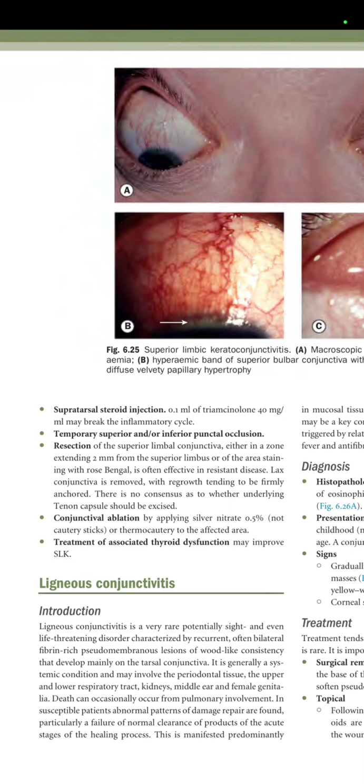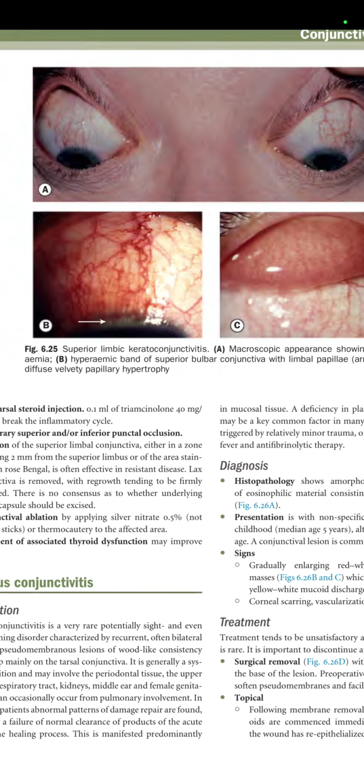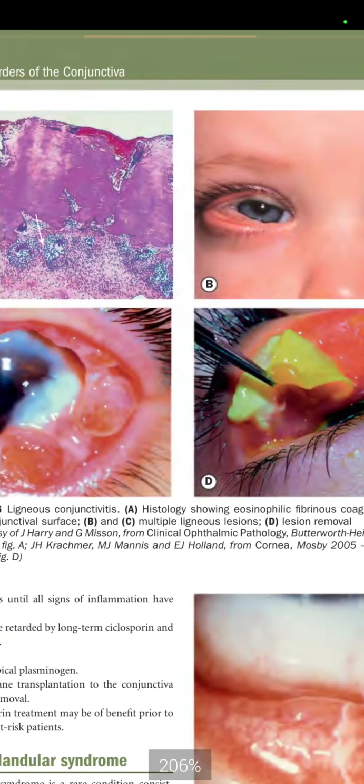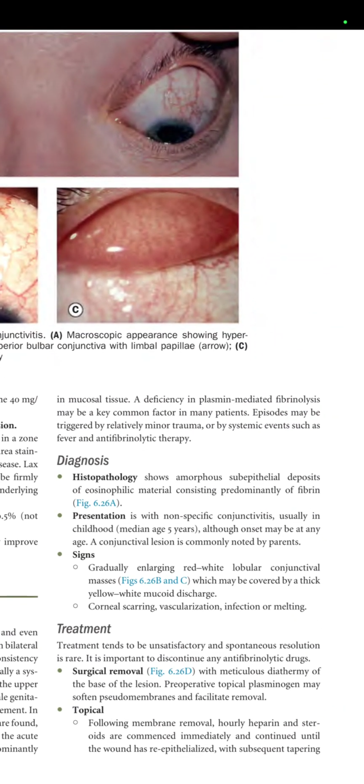In susceptible patients, abnormal patterns of damage repair are found, particularly failure of normal clearance of the products of the acute stages of the healing process. So in these cases, the products of the healing process are not normally cleared, and that is why it happens. This is manifested predominantly in mucosal tissue. A deficiency in plasmin mediated fibrinolysis may be the key common factor in many patient episodes, and may be triggered by relatively mild trauma or by systemic events such as fever and antifibrinolytic therapy.